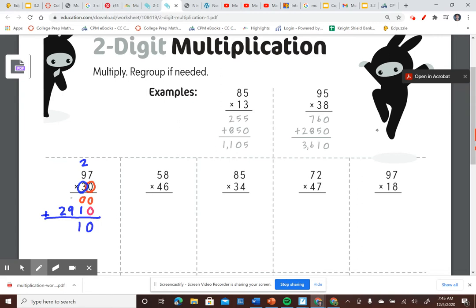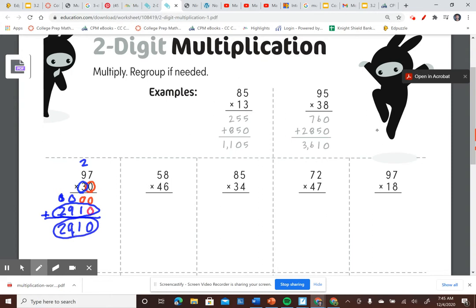And then even though there's nothing above the 9 and the 2, you could write zeros if you wanted. And then we'd be doing 0 plus 9 to get 9, and then 0 plus 2 to get 2. So our final answer would just be 2,910.